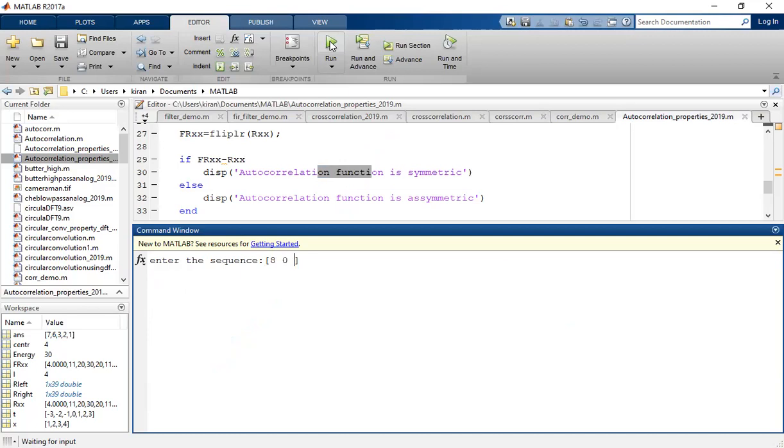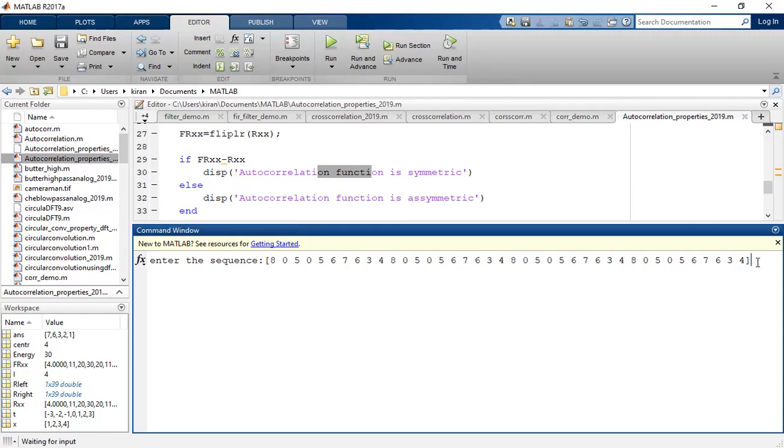Do you see any pattern in this particular sequence? Very random. 8 0 5 0 5 6 8. Right. Do you see any pattern in this?